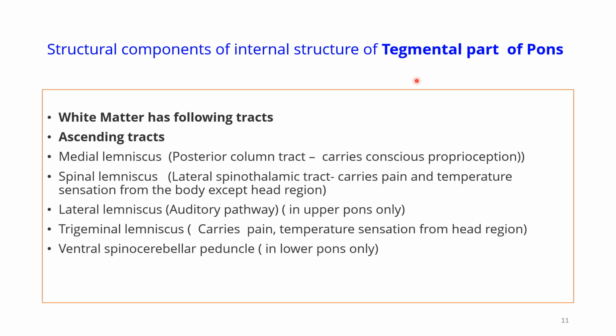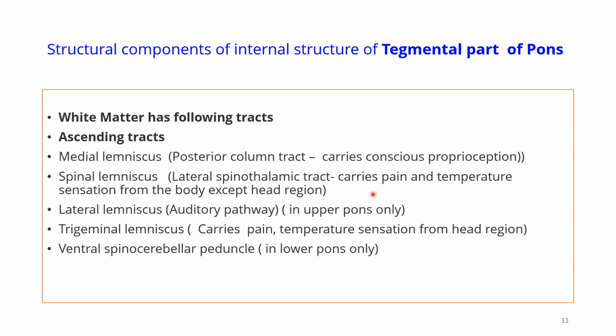Coming to the tegmental part of the pons. You have white matter, which has ascending tracts like the medial lemniscus, which is a posterior column tract and carries conscious proprioception, and the spinal lemniscus, the lateral spinothalamic tract.